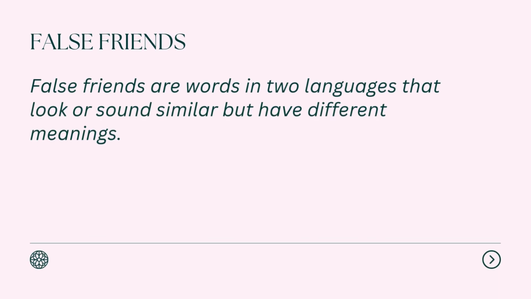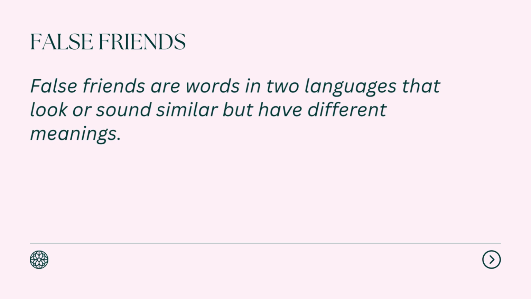Another aspect that we have for language learning is false friends. What are false friends? Why is this concept here? False friends are words in two languages that look or sound similar but have different meanings.